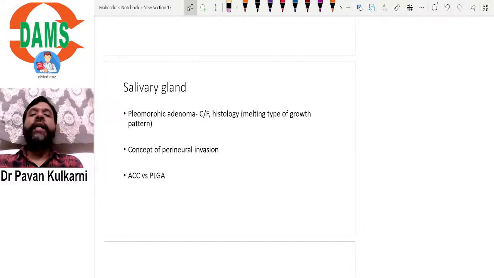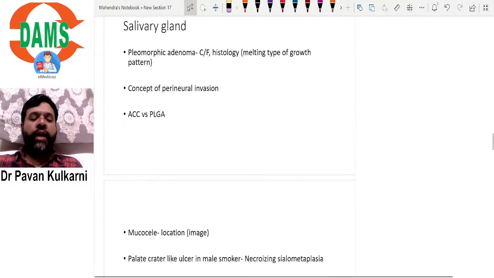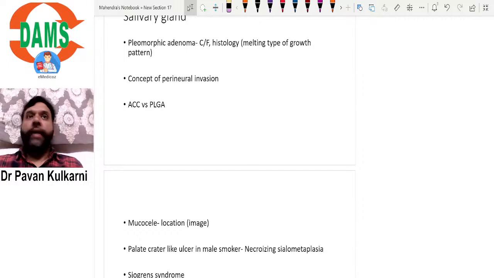The most important histological difference is the nucleus. In ACC, the nucleus will be hyperchromatic, whereas in PLGA, it will be vesicular. What is hyperchromatic? Dark nucleus. Vesicular, light staining. That is the main difference that we should know about ACC versus PLGA.